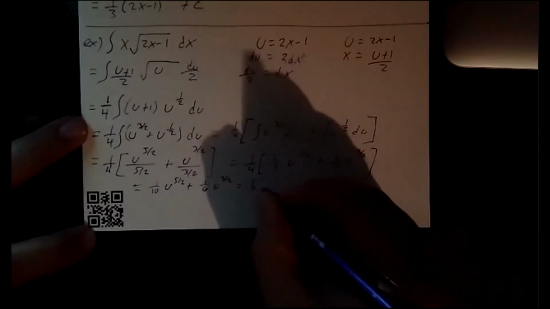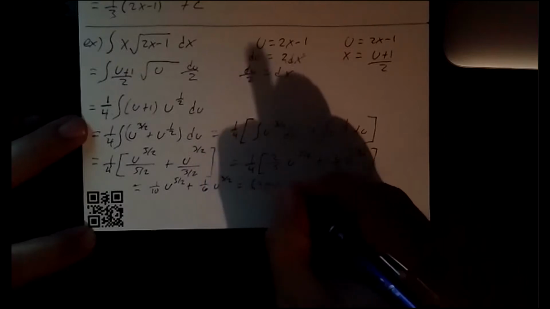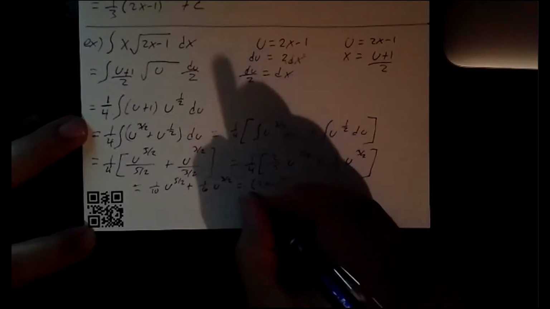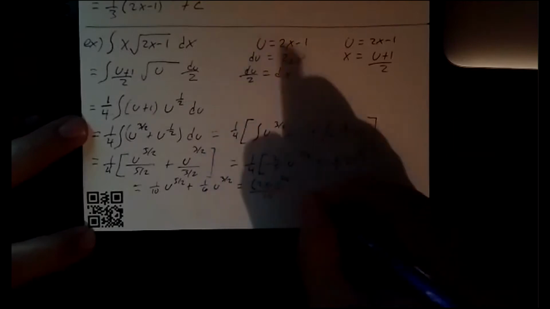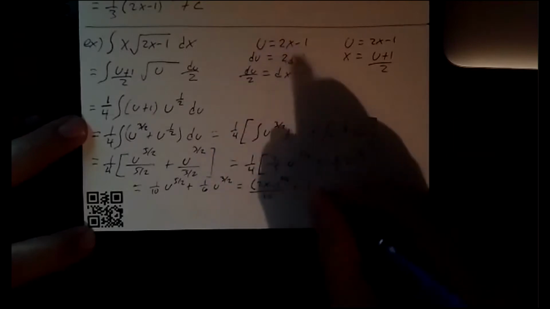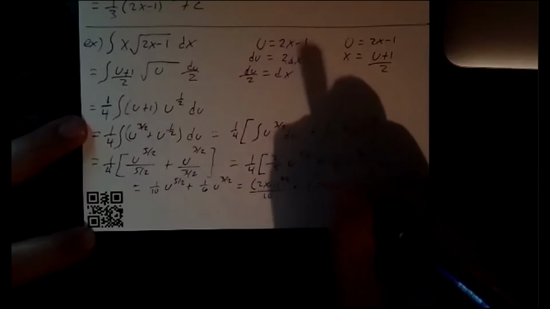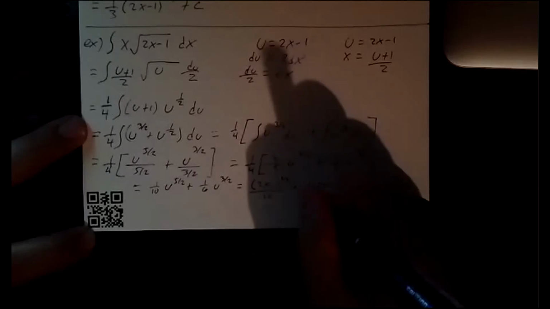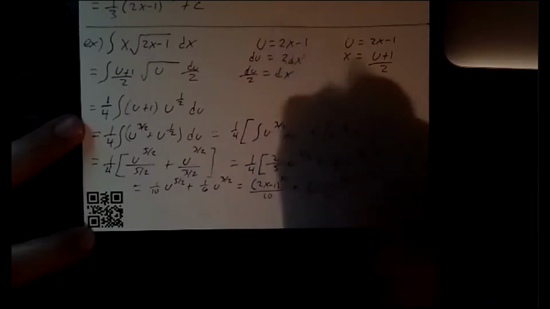Then we have (2x minus 1) to the 5/2 power over 10 plus (2x minus 1) to the 3/2 power over 6.